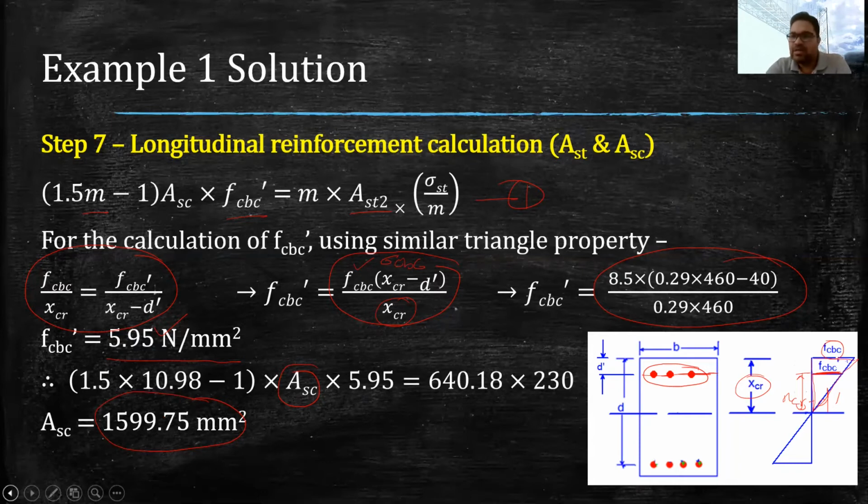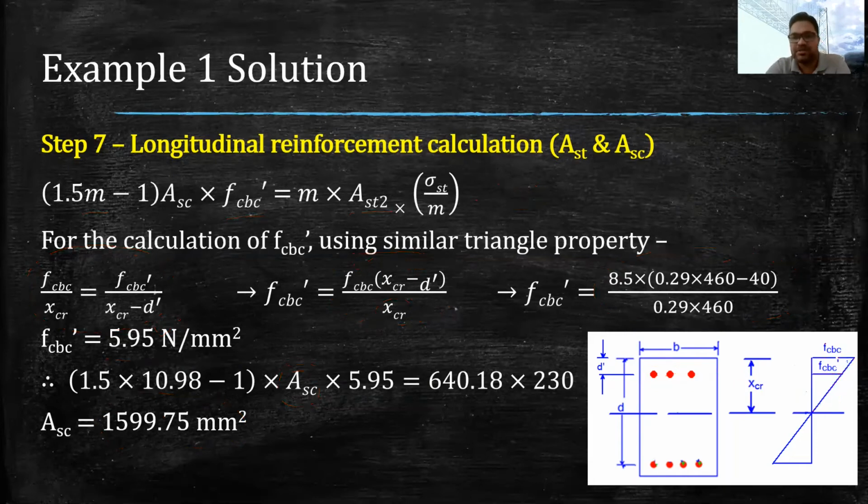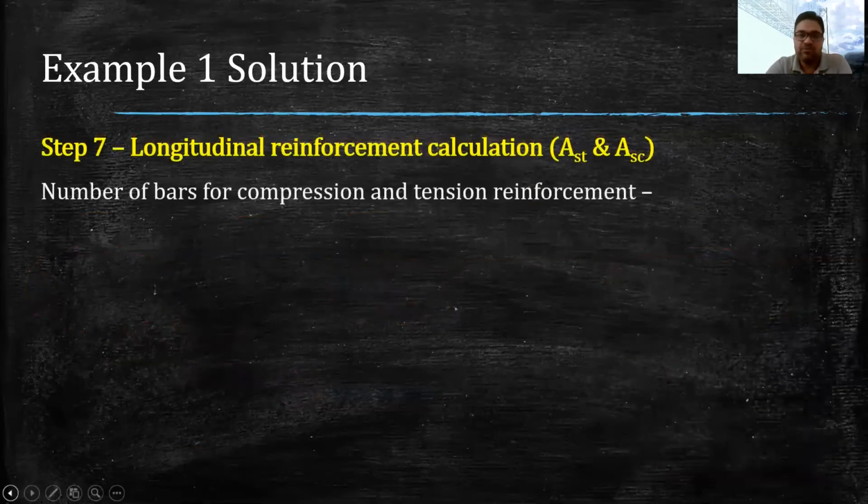Now, till now, we have calculated the area of steel in tension and in compression, but we have to provide this area of steel in terms of the number of bars. So we have to now calculate the number of bars which will be provided as tension reinforcement and as compression reinforcement.